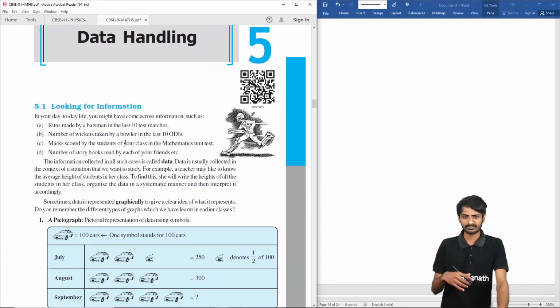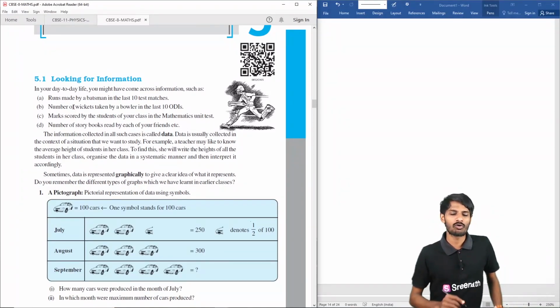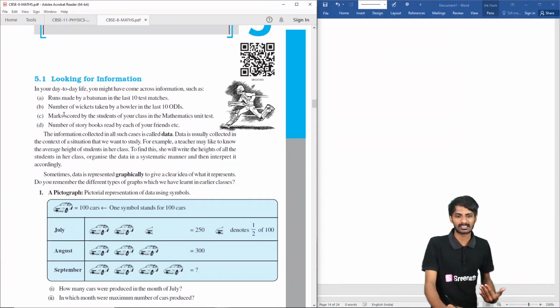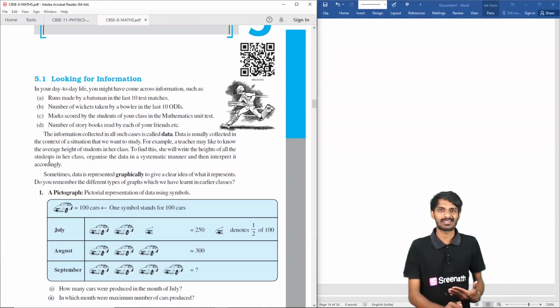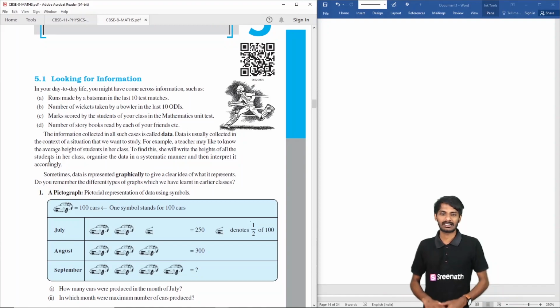Okay, students, what information do we come across if we open any newspaper? Rahul Dravid or Sachin Tendulkar or any batsman scored this many runs, and this bowler has taken that many wickets.